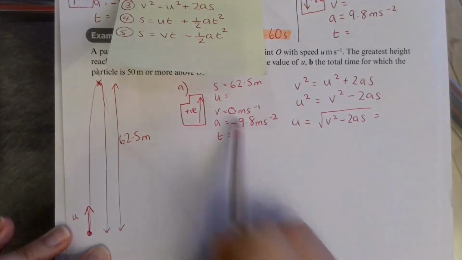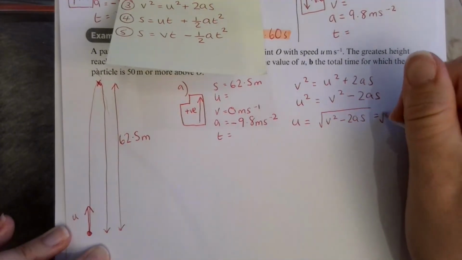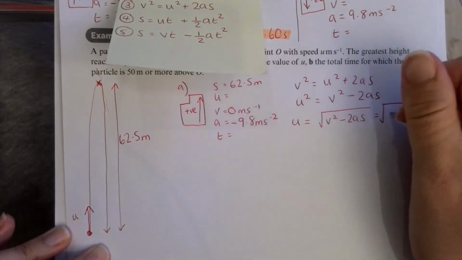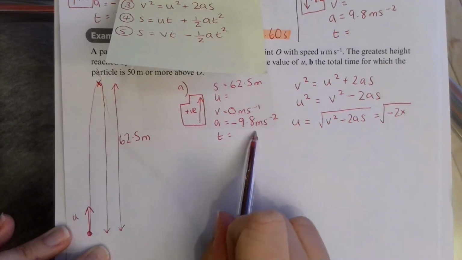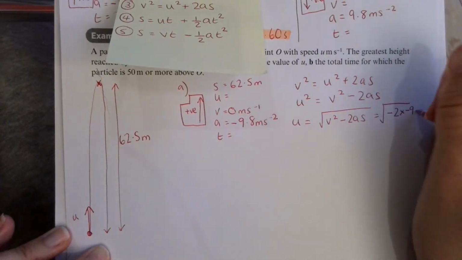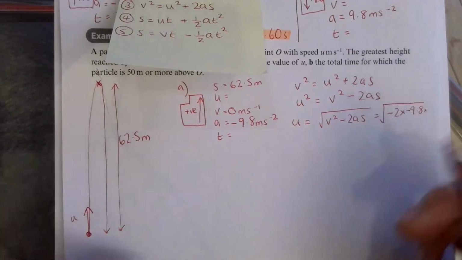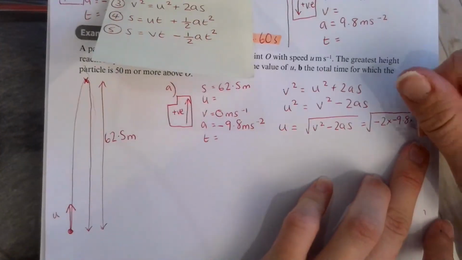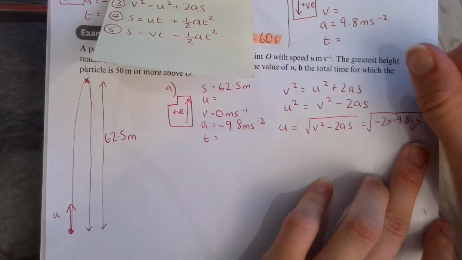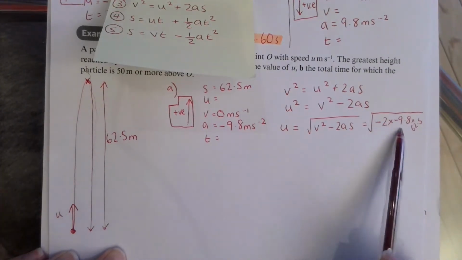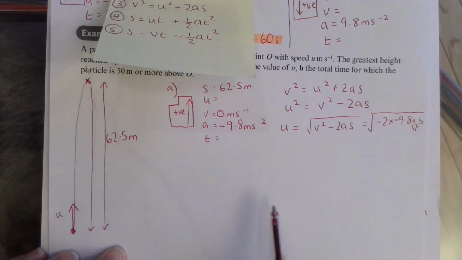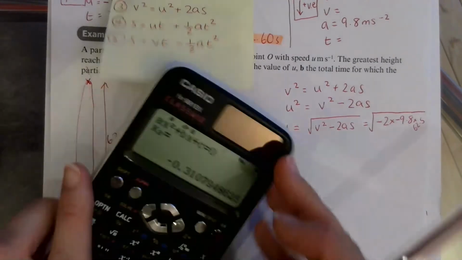Then we can just sub in what we know. v squared is 0, so I'm going to ignore that. Then I've got the square root of negative 2 multiplied by negative 9.8, because that's my acceleration, multiplied by 62.5. Hopefully you can spot that negative 2 and negative 9.8 multiply to give a positive, which is good because otherwise I wouldn't be able to square root.